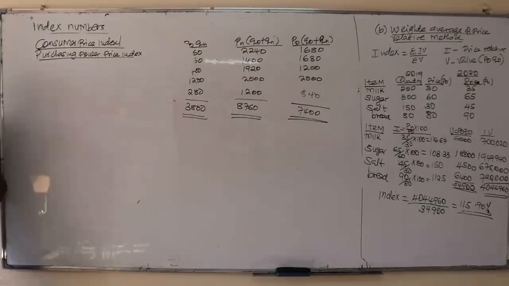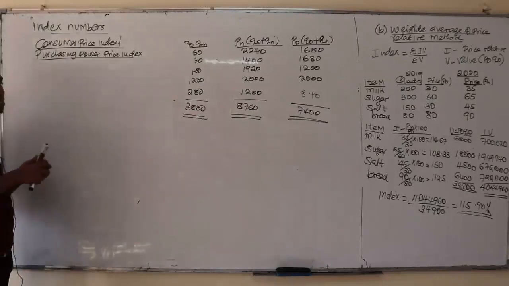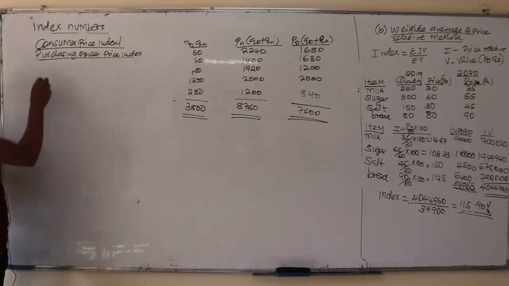So there are two methods used in computing the consumer price index.